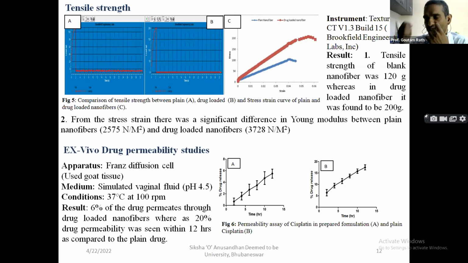So in order to ensure the mechanical strength of our nanofibers, we measured tensile strength, and we got very good mechanical strength.